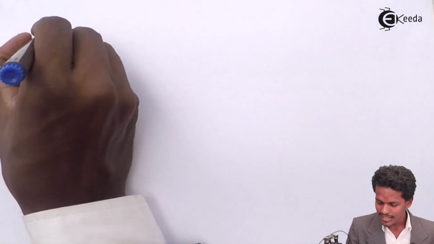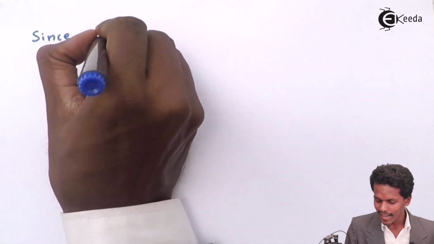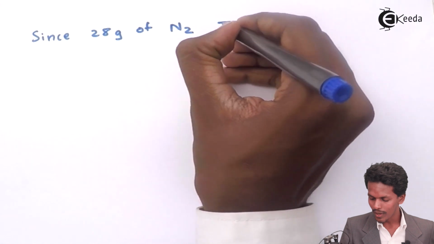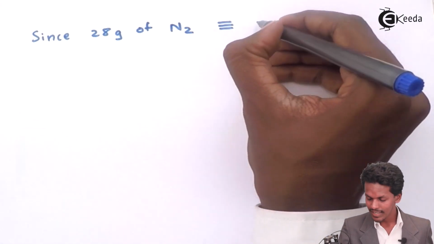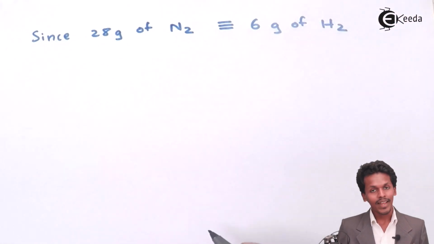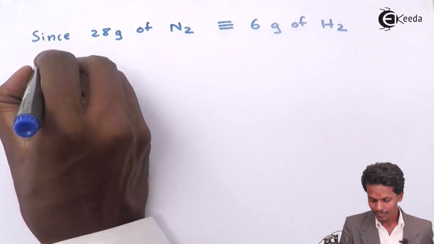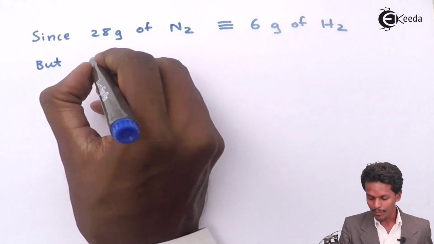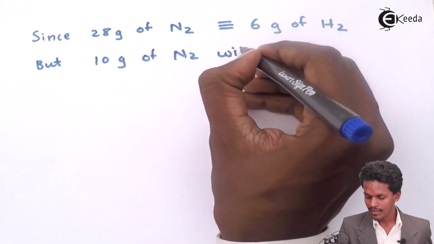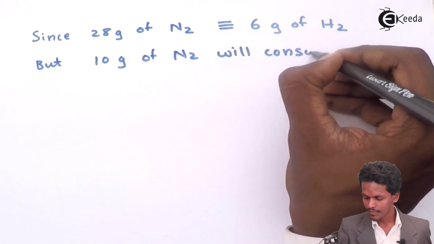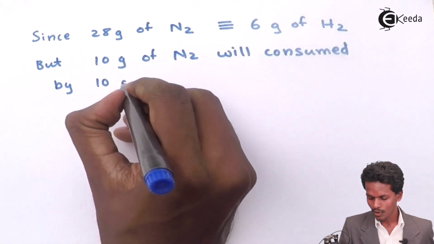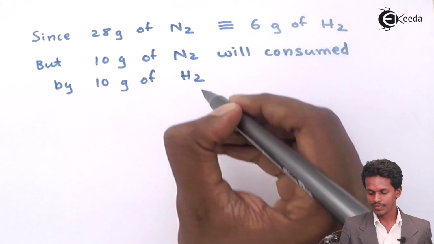So I could write it in this way that since 28 gram of nitrogen requires 6 gram of hydrogen, while in this case 10 gram of nitrogen will be consumed by 10 gram of hydrogen.